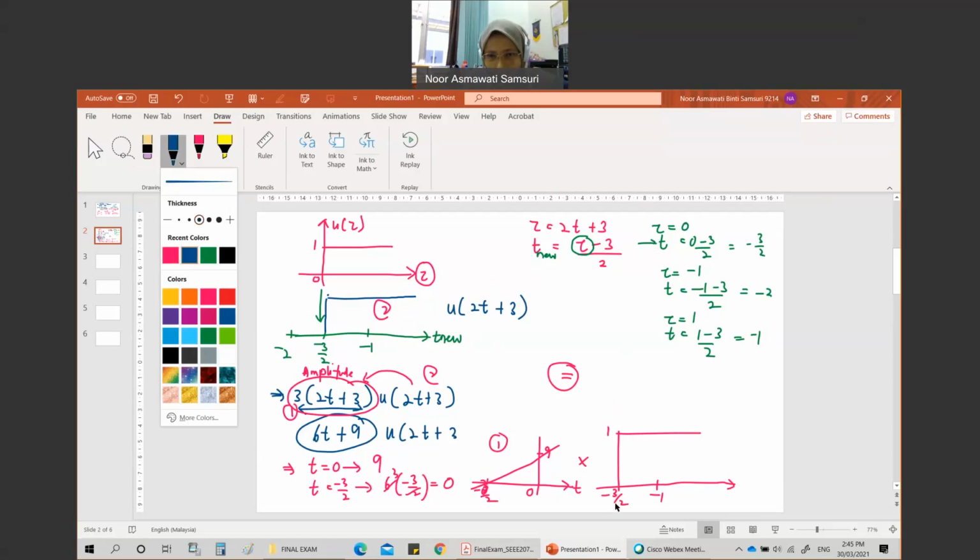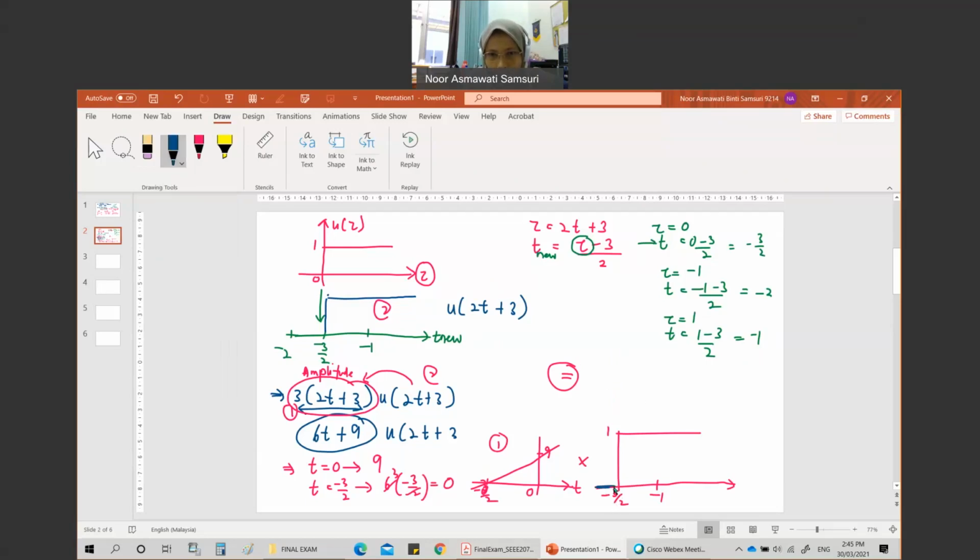So the result of here is, less than minus 3 over 2 is 0. So everything will be 0. Negative 3 over 2 and 0.